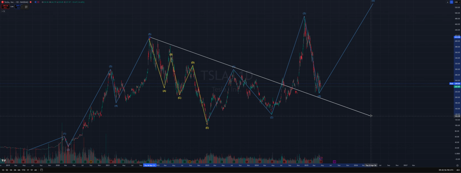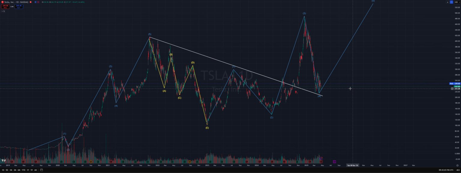You did have this pattern here, and you could say, okay, maybe this was just a retest of this breakout. Okay, fair enough. Maybe that's a retest of this breakout here, and this could be an A, B, and C. So I want you to pay attention to that as well.